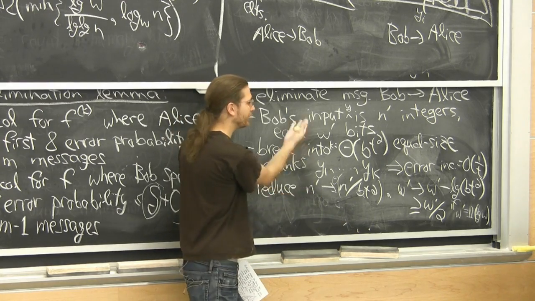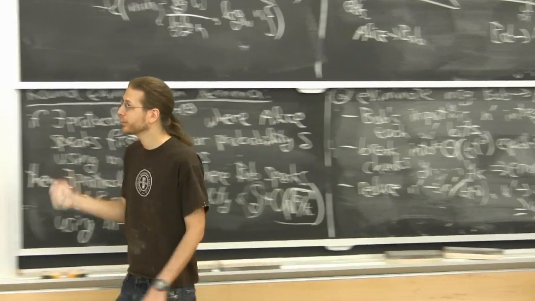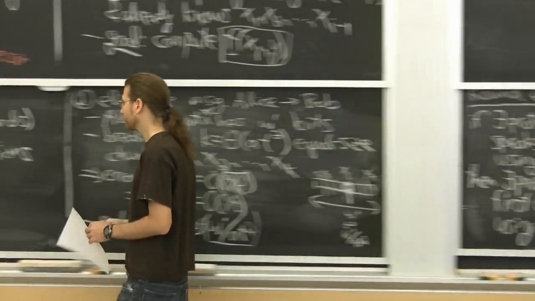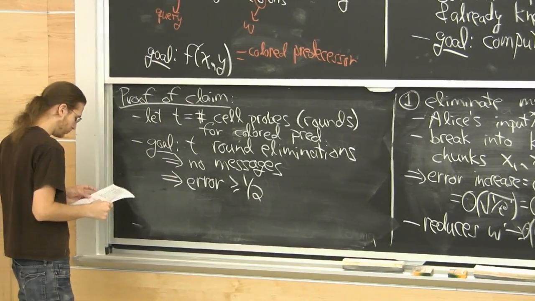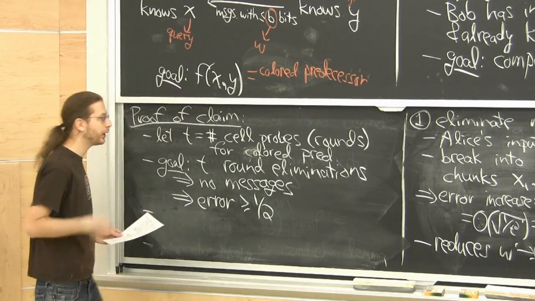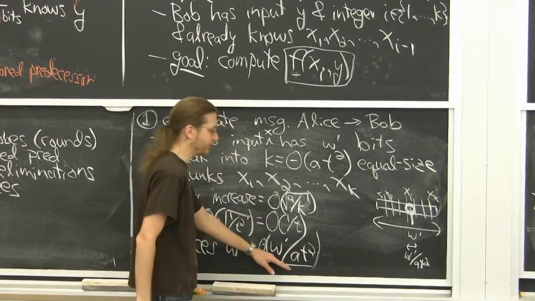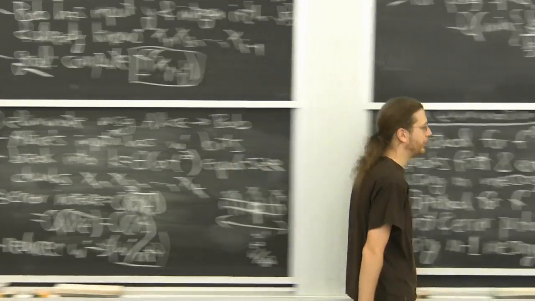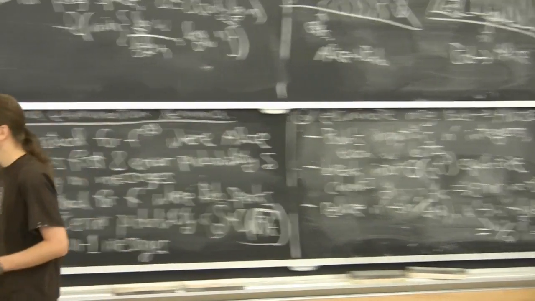You can no longer evenly divide things. So when does that happen? That's where we're going to get a lower bound. So I guess we can go back over here. If you do a round elimination, you decrease w prime by this factor, and you decrease n prime by this factor. Do both of these in sequence. Then you repeat it.